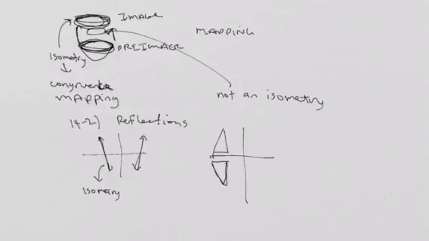Because every point, a point here, if I'm reflecting it about the x-axis, I got to go straight at the x-axis and go an equal amount down there, and I get to that point. This point, I go straight down, and straight down again, I get to this point. So this is a reflection about the x-axis.